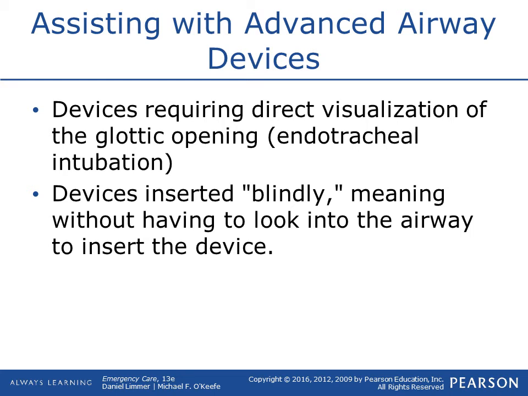There is what's called a blind airway device, which is one that you don't have to see any of the internal airway anatomy to insert, which is what an EMT can do. And then there's also direct visualization, which is what paramedics do when they put their blade in, lift up the tongue, see the vocal cords, and insert the tube right into the trachea.